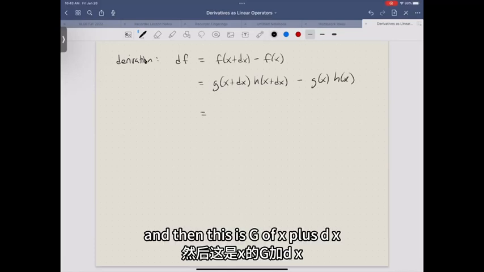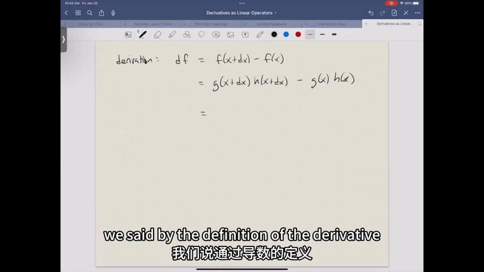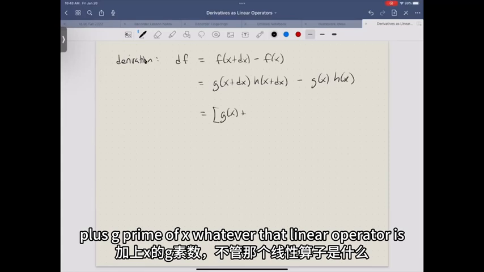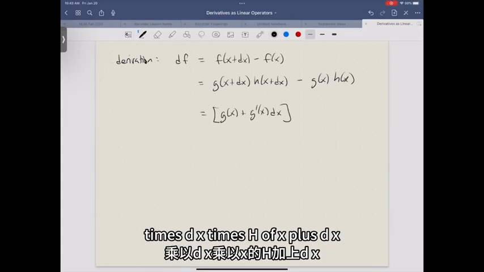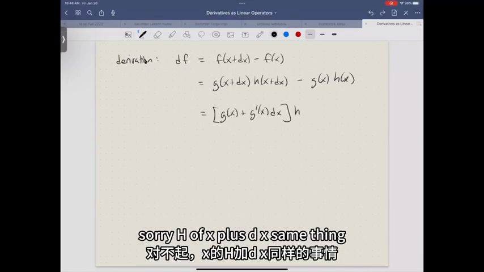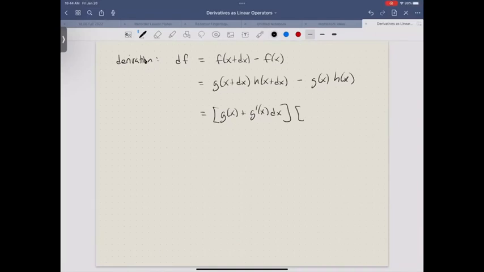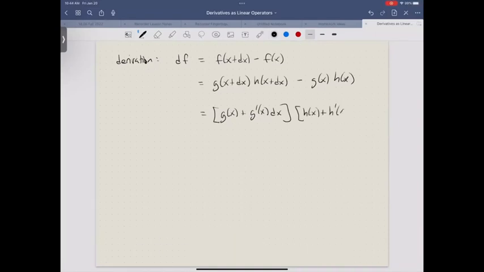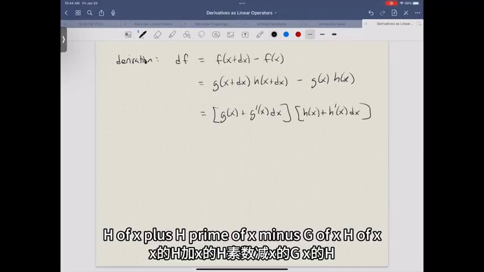And then this g of x plus dx, by the definition of the derivative, is g of x plus g prime of x, whatever that linear operator is, times dx, times h of x plus dx. And h of x plus dx, same thing, by the definition of the derivative, is h of x plus h prime of x dx, minus g of x h of x.